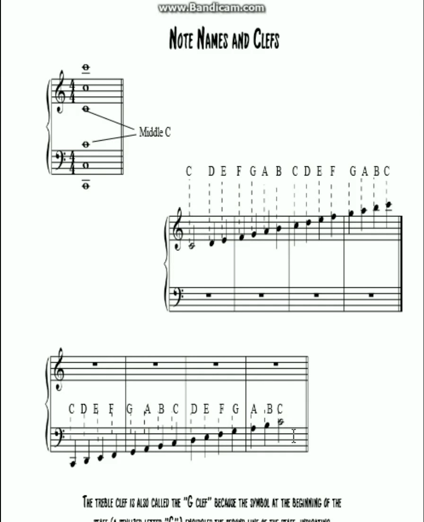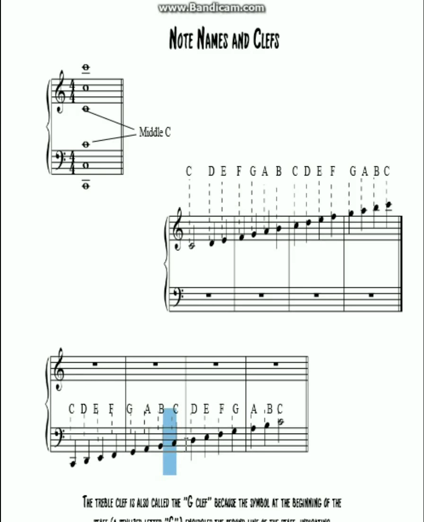So right here is middle C, and this is the same note there. The order of the notes is C, D, E, F, G. Now G is the first line on the staff, then you have A, B, and then C again.